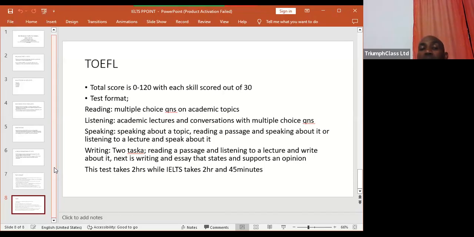So it is in the form of an essay. This essay has to follow the structure of essay writing. It has to have an introduction, it has to have the body. The body may have like 2 or 3 paragraphs, and it has to have a conclusion. Like we know the parts of an essay.